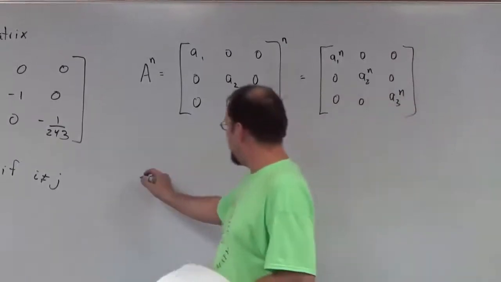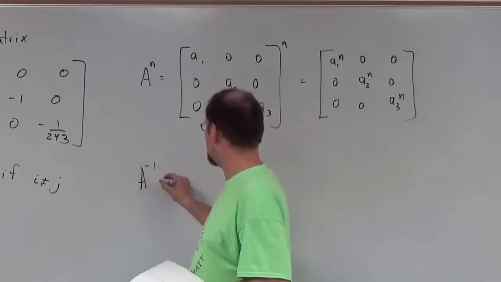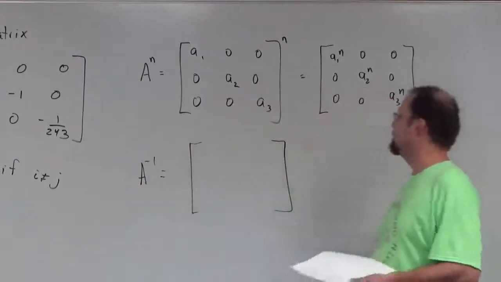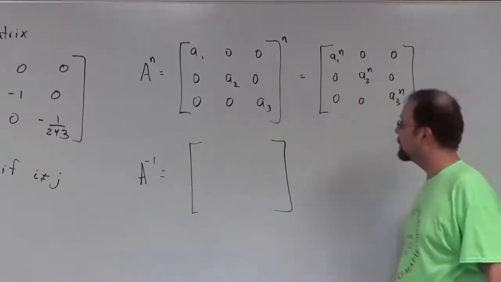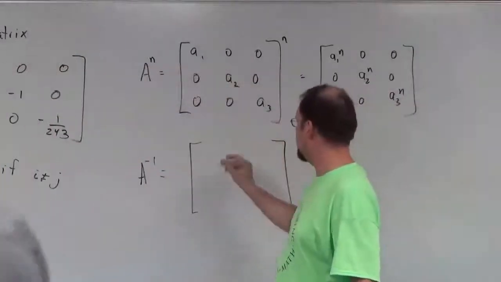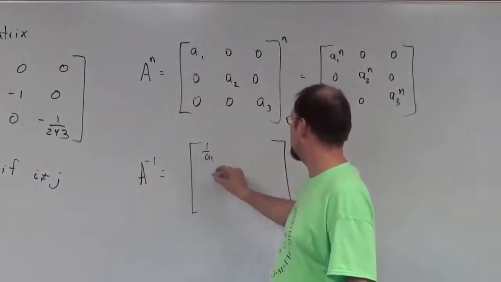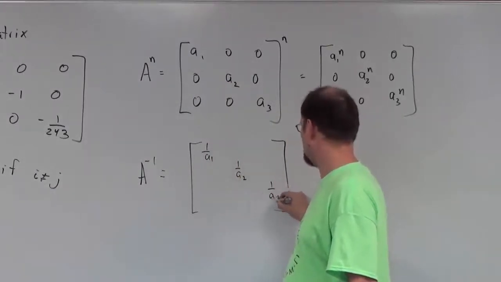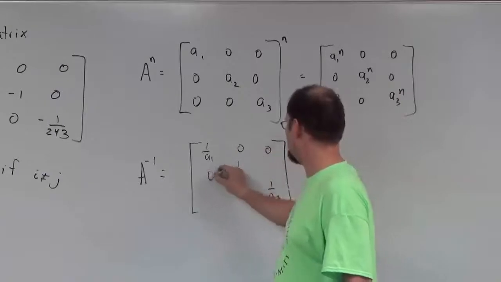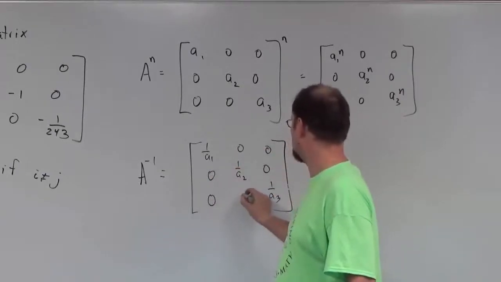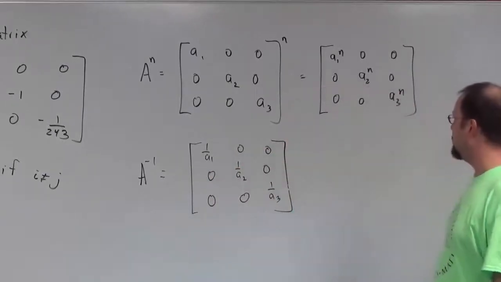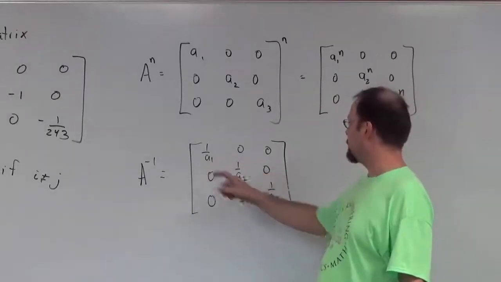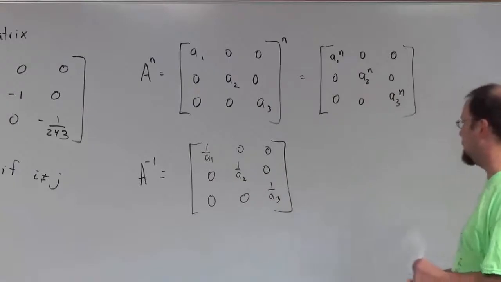Another property we want to use is the fact that if you want to invert a diagonal matrix, assuming it's invertible, you simply take the reciprocals of the diagonal entries. You can easily check by multiplying matrix A with its inverse, and you'll see that you indeed get the identity.